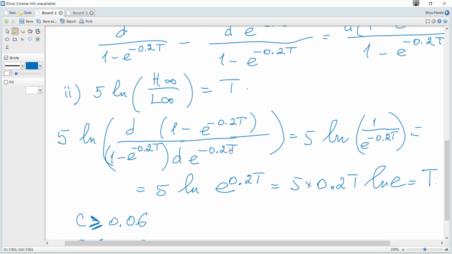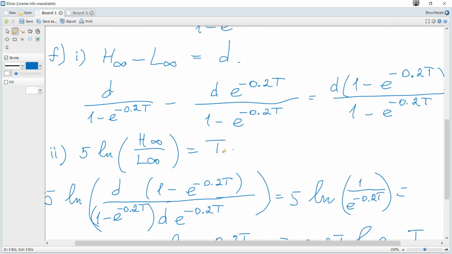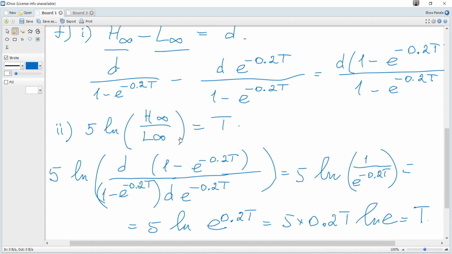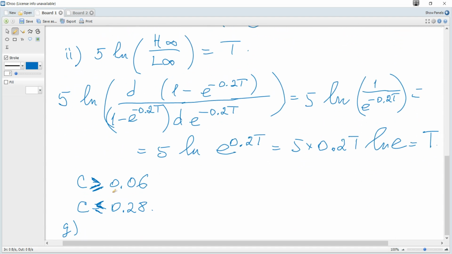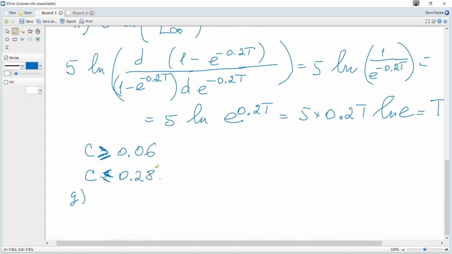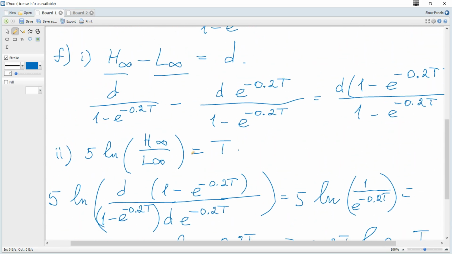But again, since it's 1 and 1 marks, we can see that the lowest is just this 0.06, and the highest is just this 0.28, and it is suggested that the suitable values for D and T can be found directly from the previous answer.